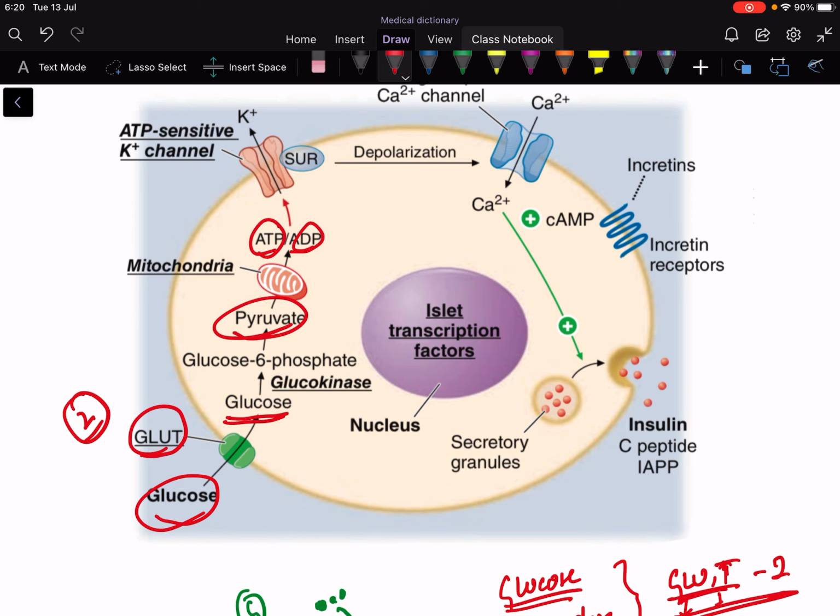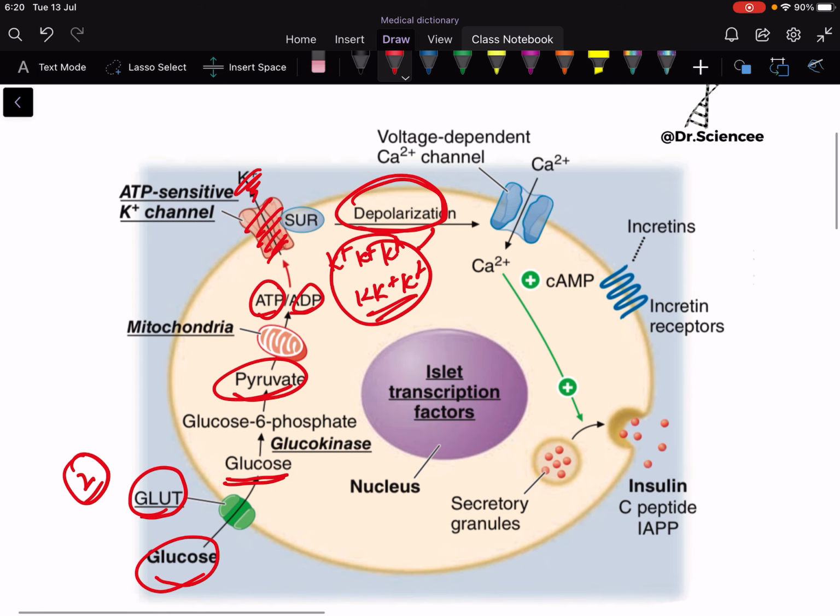So this ATP will inhibit this potassium channel, right? So there is no more potassium efflux and there is increased potassium inside the cell, right? And this increased potassium will cause depolarization. Can you name a drug which can inhibit this ATP sensitive potassium channel? Yes, you are right.